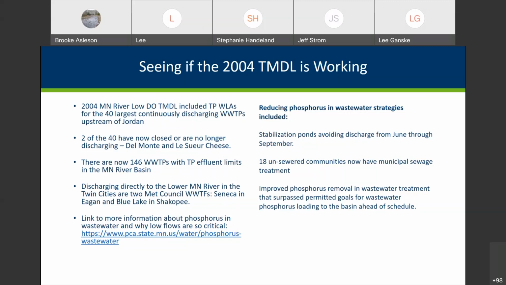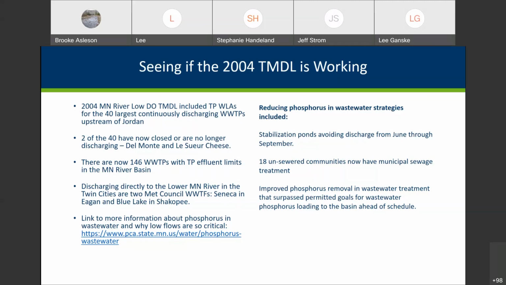So in 2004, in the TMDL, it was identified that there's total phosphorus waste load allocations for 40 of the largest continuous discharging wastewater treatment plants upstream of Jordan. Since then, 2 of them are no longer in operation or discharging. There's now 146 wastewater treatment facilities with effluent limits in the basin.